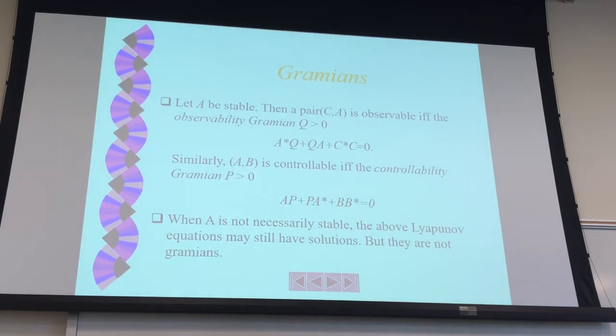Observability becomes whether the Gramian can solve this Lyapunov equation, with C transpose C, A transpose Q and QA.